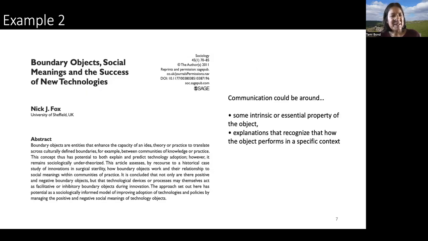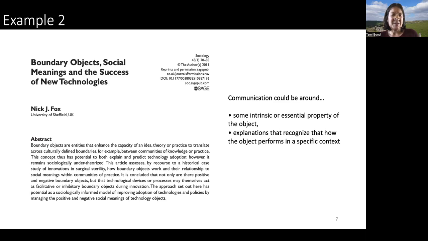This is a very different example. This author suggested that boundary objects can be used to communicate about technological devices and how they get adopted. And he suggested that communication could be around some property of the object, so you could try to describe what you thought that object contained, or around performance.